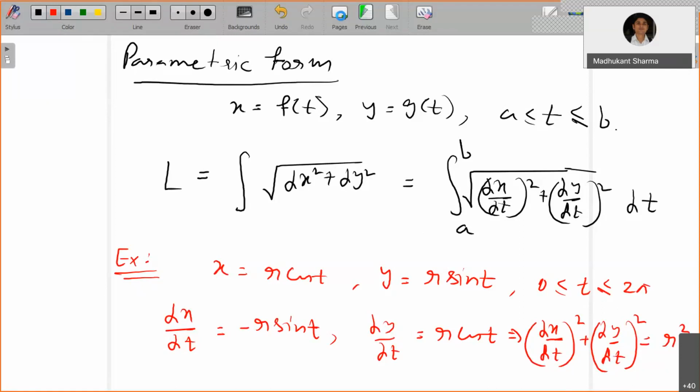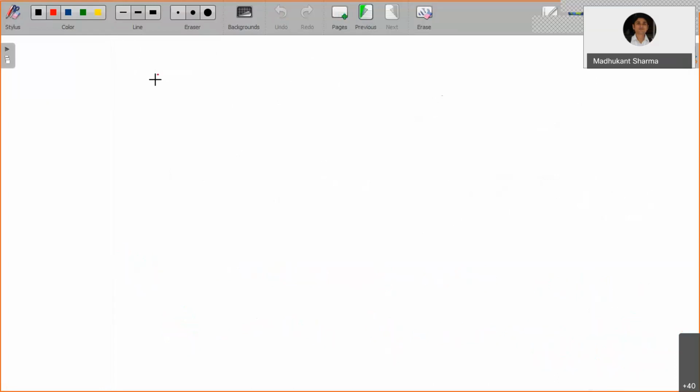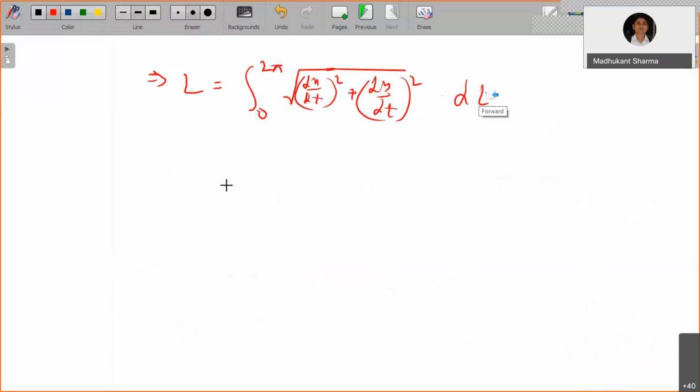So the length of this circle of radius r will be L equals integration 0 to 2 pi of the square root of (dx by dt) whole square plus (dy by dt) whole square, times dt. That equals integration 0 to 2 pi of the square root of r square, which is r, dt.